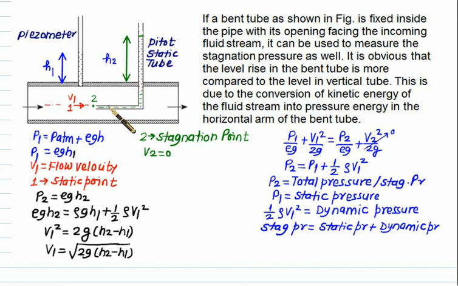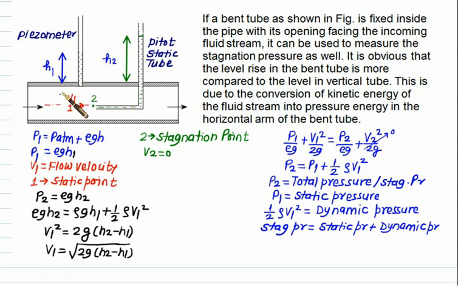Once this tube is filled, then point number 2 will become a stagnation point, that is the fluid velocity at point number 2 equal to 0. So point number 2 is called the stagnation point, and point 1 is called the static point. So 1 is called static, 2 is called stagnation, and based on this height we can calculate the pressure at point number 1, which is rho g h1.